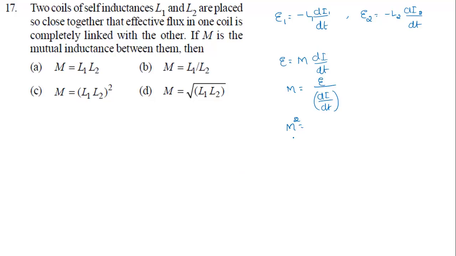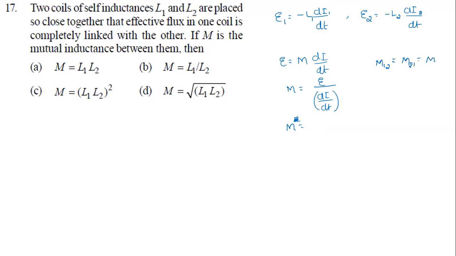If you take the mutual inductance of the first coil with respect to the second coil, or the mutual inductance of the second coil with respect to the first coil, I'm going to take M12 equal to M21 equal to M.